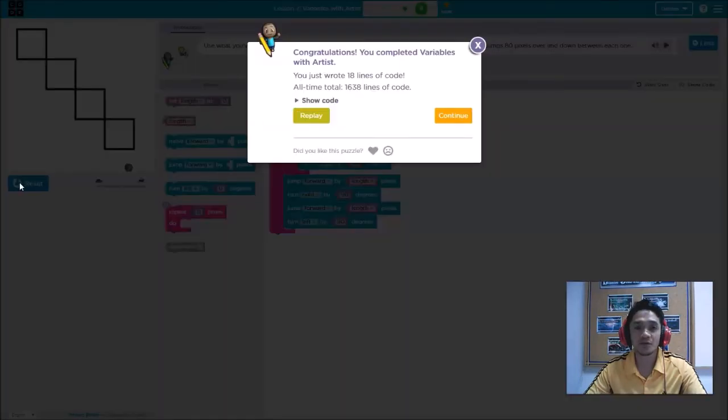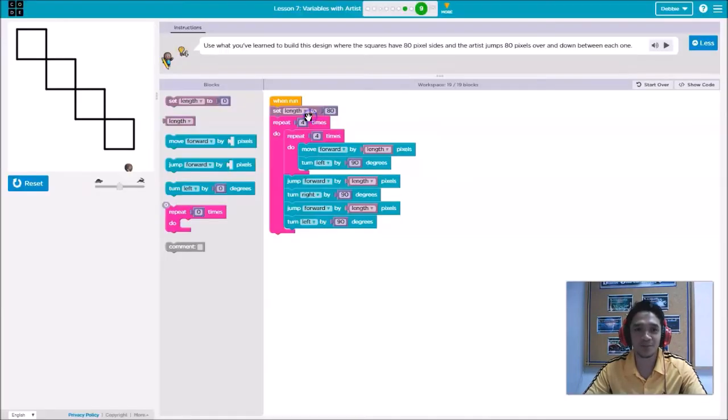So that is how to solve our puzzle in lesson 7, puzzle number 9. Okay, I need to replay one more time, and I will make it slower. So you can see the coding here, how the artist is drawing the squares.